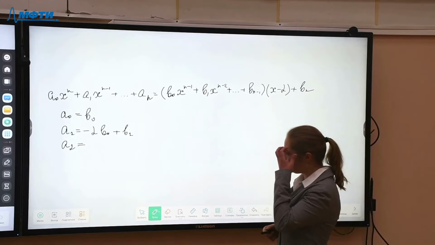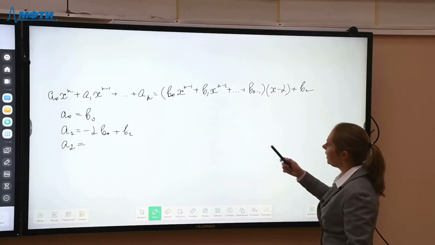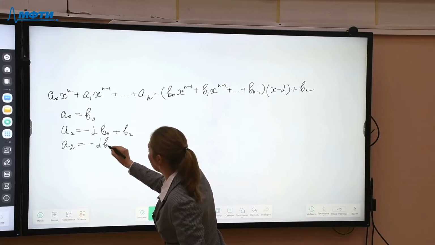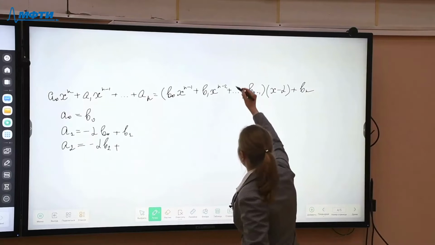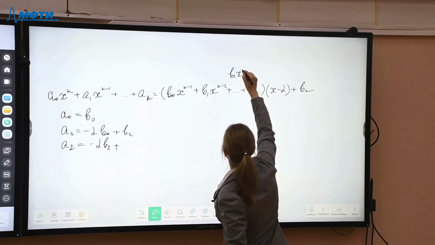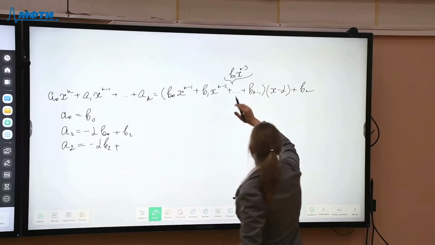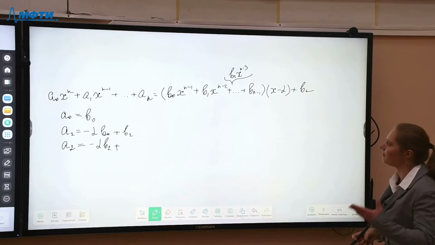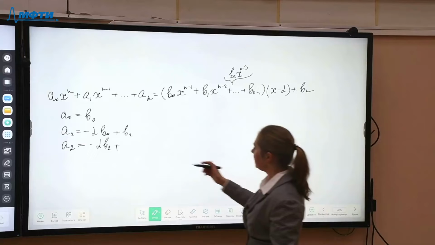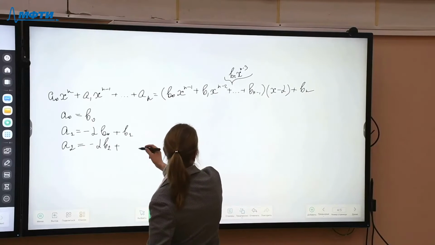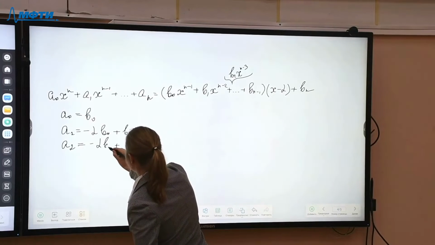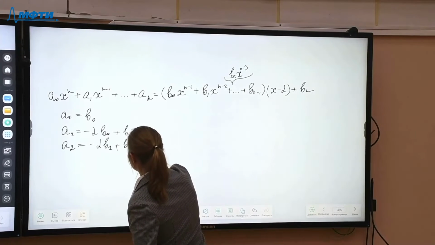Again, to get x to the power of n minus 2, we need to multiply this term by minus alpha. So this is minus alpha b1. And here we have b2 x to the power of n minus 3, and when we multiply it by x, we have x to the power of n minus 2 again. So the coefficient is minus alpha b1 plus b2, and so on.